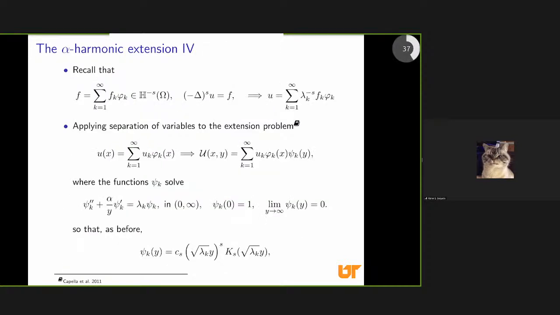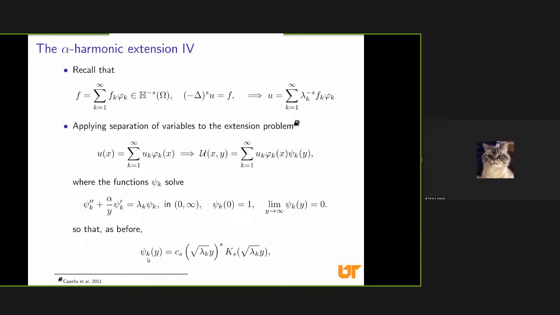This also helps you in having a solution representation to this harmonic extension. Namely, if you had a function f that is your data, we know that the solution has this representation. And so applying separation of variables, you know then that the solution to the extended problem has this representation, where now these functions are going to be solutions to this Bessel equation.